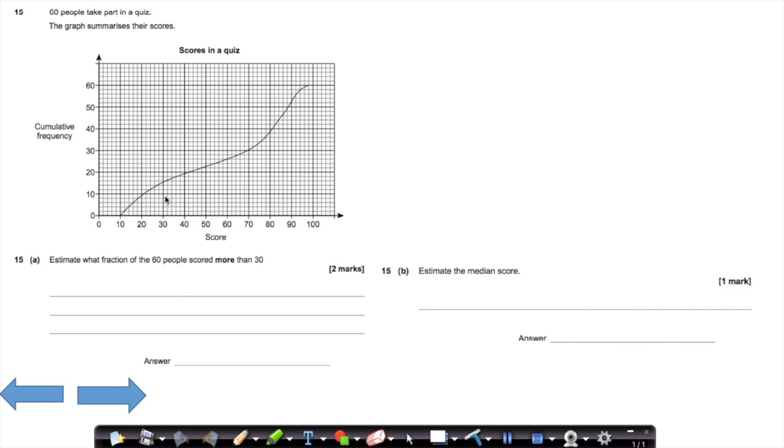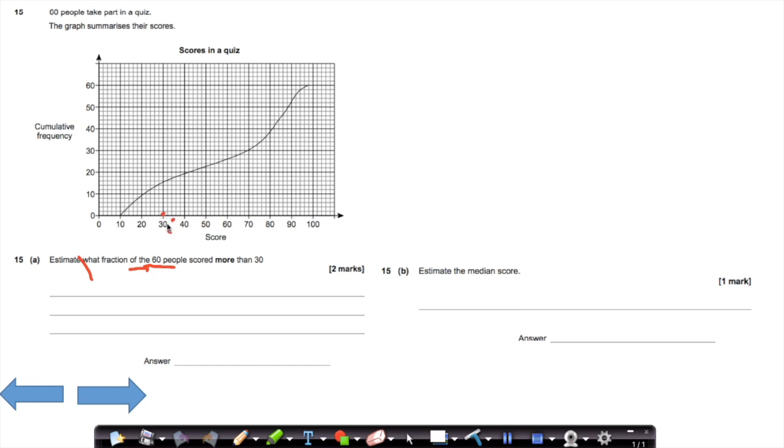So to estimate on a cumulative frequency graph, we have to remember that we draw a line up from or across from one of our axes to hit our line, and then go either across or down and say, okay, what's the quantity at that point? In this scenario, we're talking about what fraction of 60 people scored more than 30. So our score is where we start.